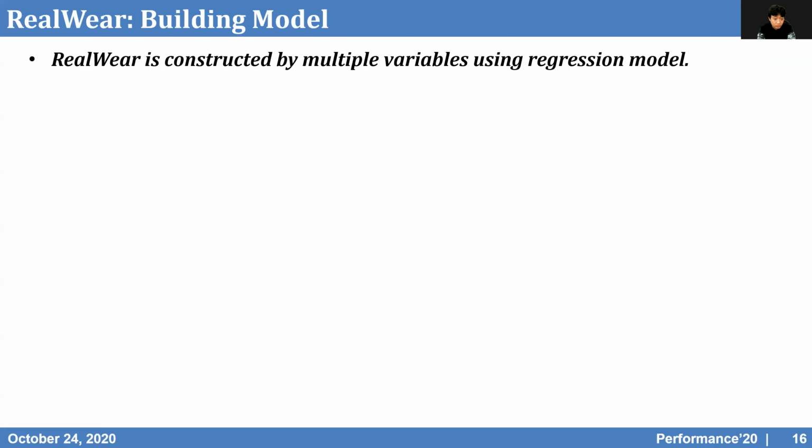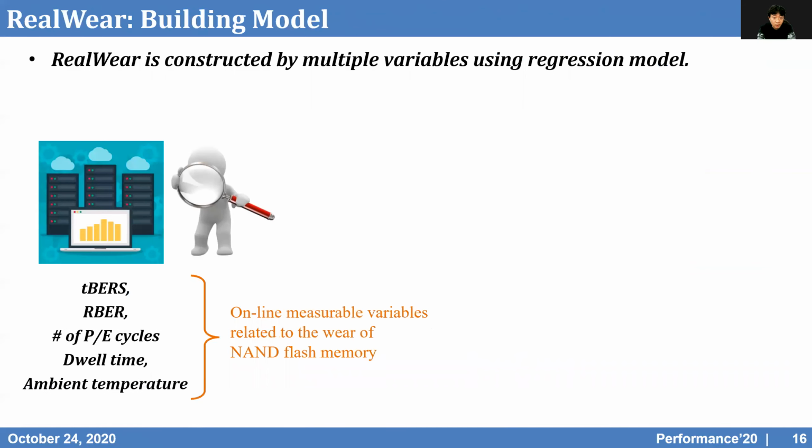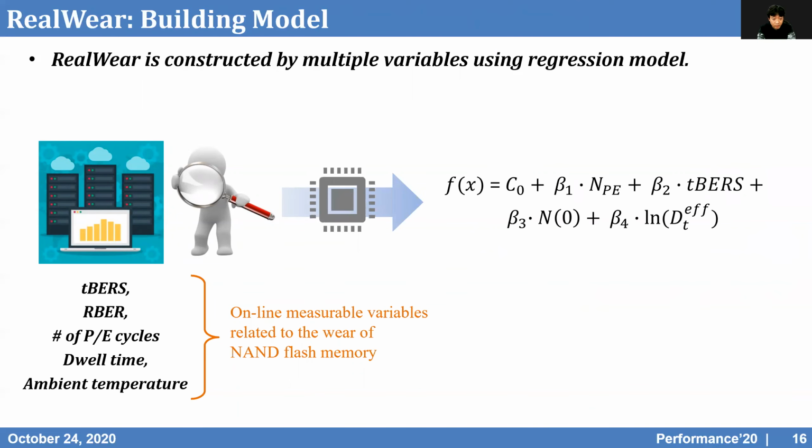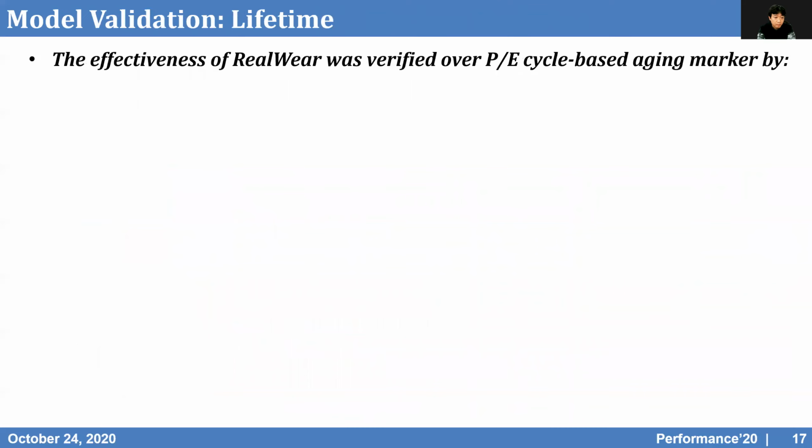RealWear is constructed using multiple online measured variables, and is calculated based on the regression model. We verify the effectiveness of our model, RealWear, by comparing it with the evaluation results for the inadequacy of the P cycle-based NAND aging marker.